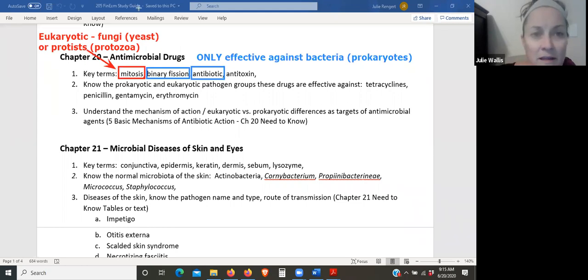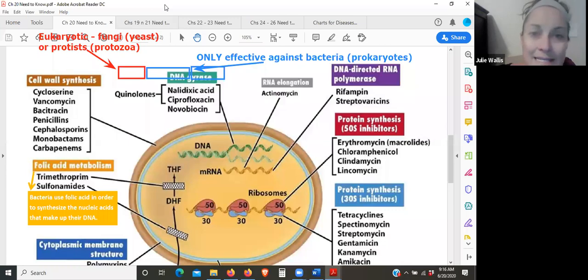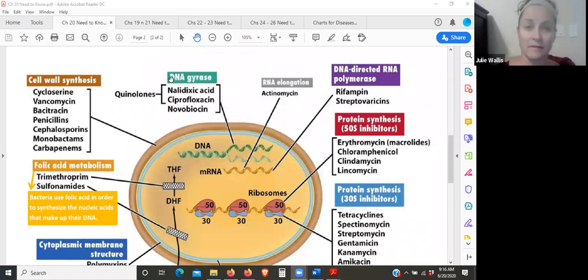So largely the antibiotics are going to target those things that only occur or are present in the prokaryotes. And you don't need to memorize these different names of these drugs, but you do need to be familiar with, this is on the chapter 20 need to know document, the different targets that they target that are specific to prokaryotes.